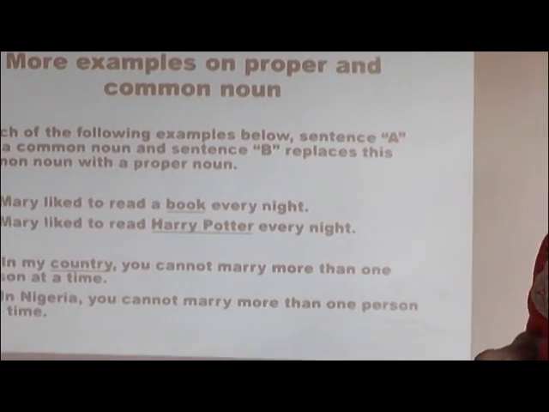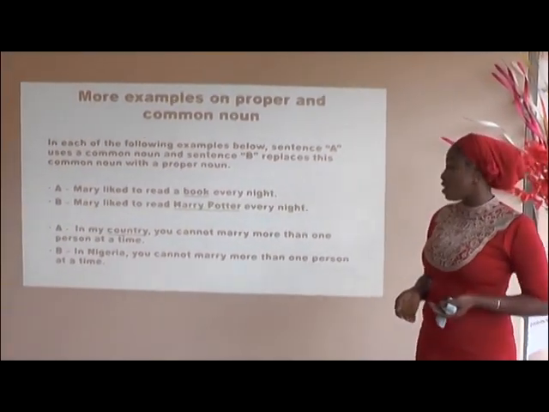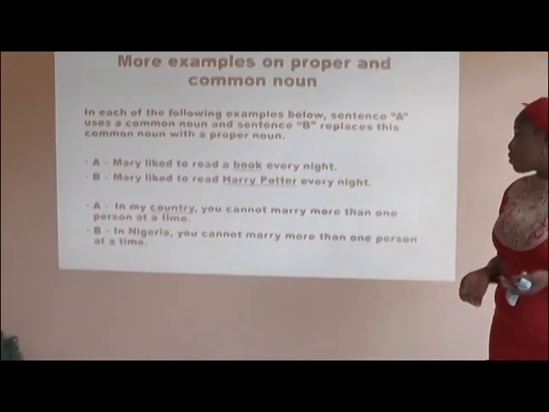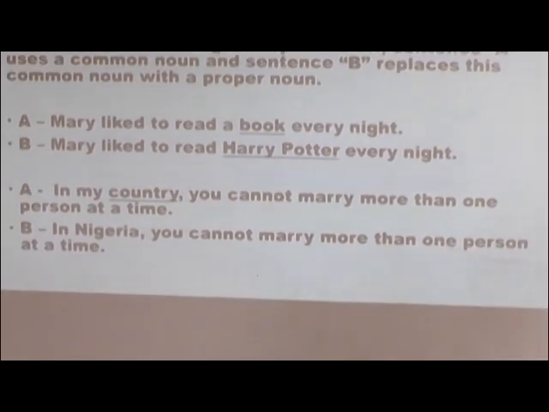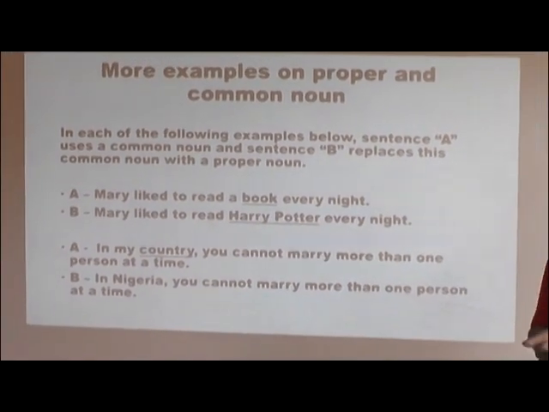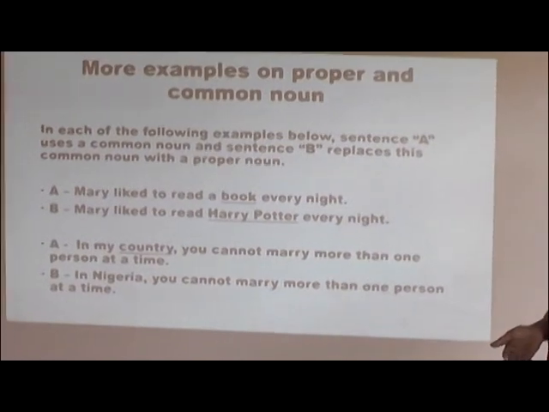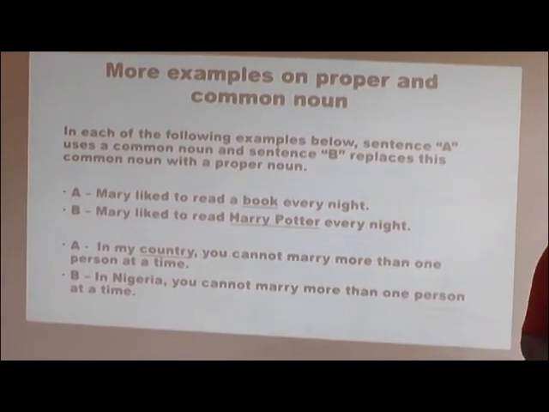That's a specific name. Then the other example there is, in my country, you cannot marry more than one person at a time. Country there is underlined. It is what? A common noun. Because it has not named the particular name of the country. But in sentence B, the common noun is being replaced.